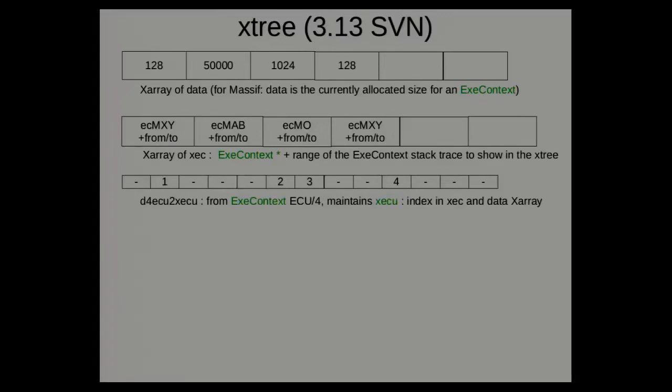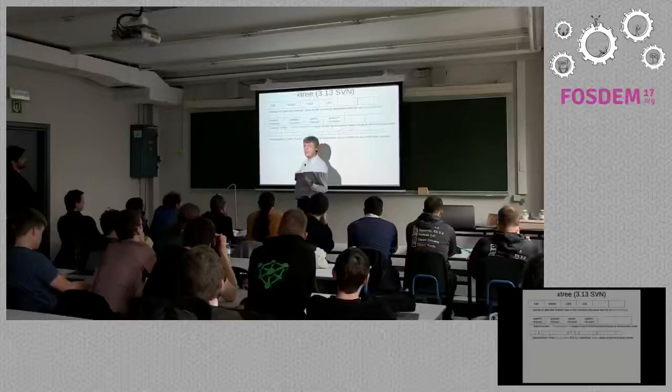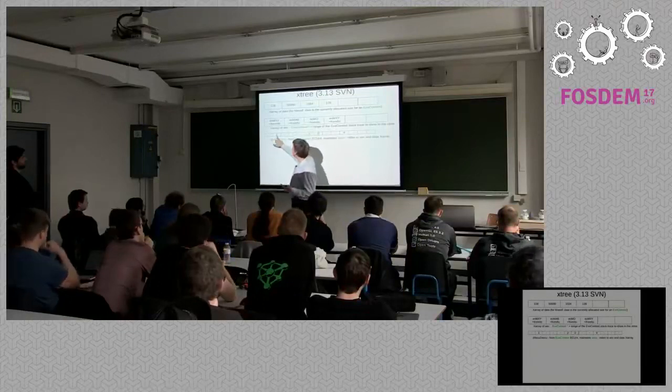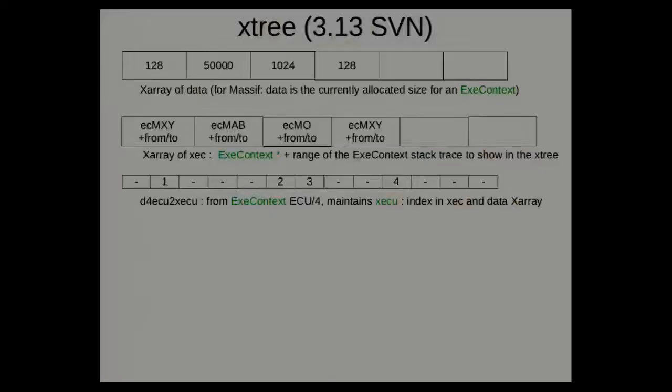So imagine, for example, that we have an exec context which has an EQ which is 8. So 8 is the unique identifier of an exec context. We divide this by 4, and then we obtain 2, and this 2 is the offset in this array and this array where we store the pointer to the exec context and the data.